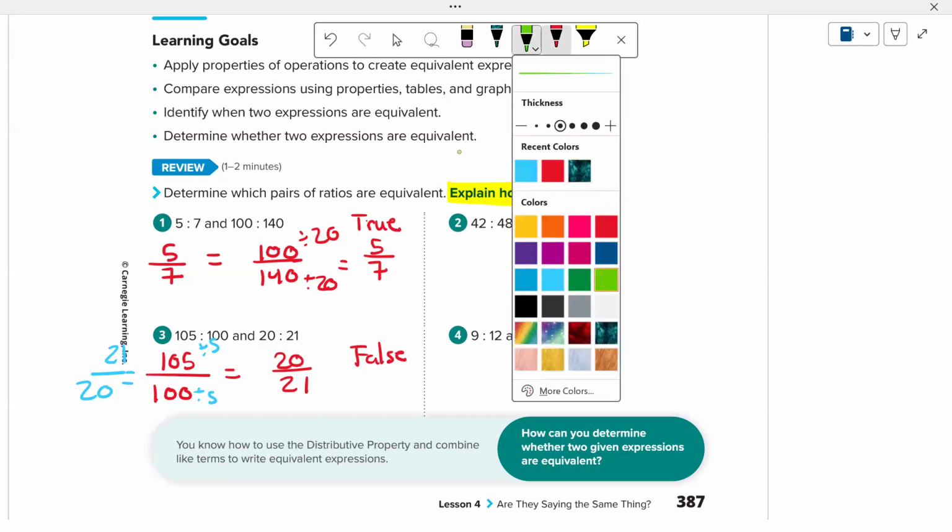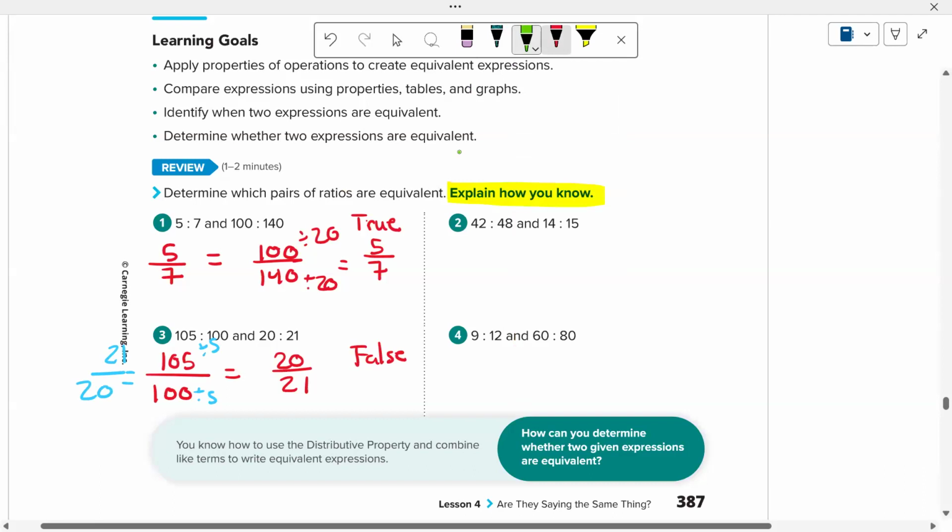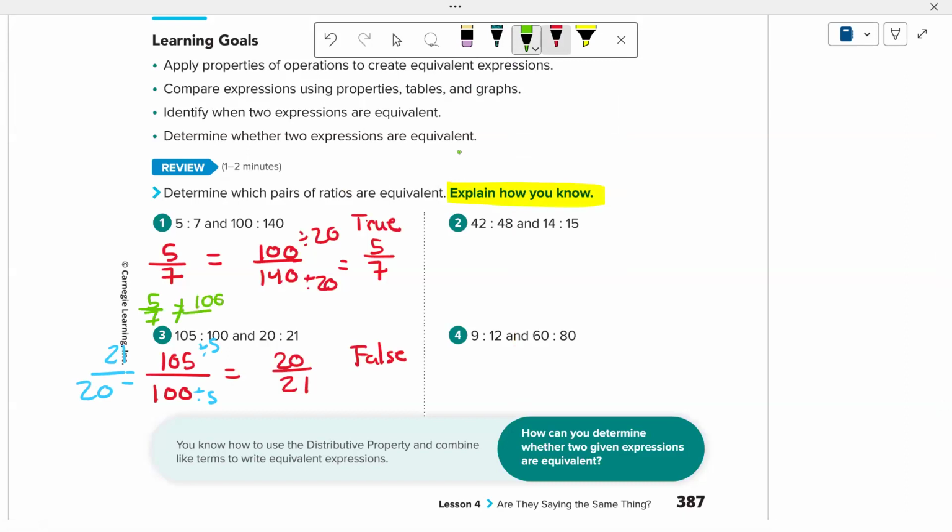Oh, green. Green's nice. All right, so for this one, 5/7 does not equal 100 over 140. Oh, it does. It does. Oops, what's wrong with me? Computer, stop acting weird. It doesn't want to erase.